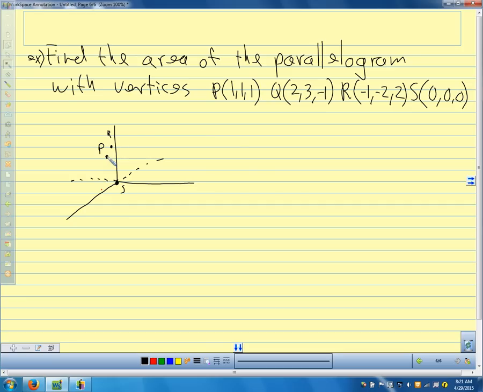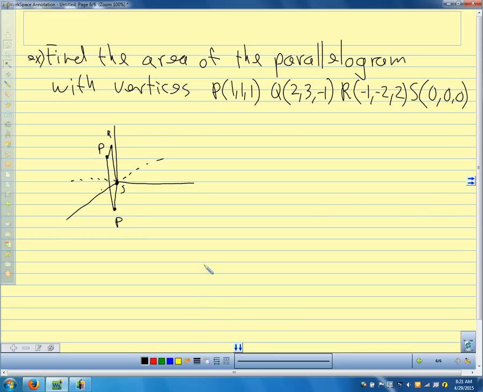And then, where's the next one? 2, 3, -1. So I'm going to 2, 3, and -1. So here's my parallelogram. That's how I did it, just to visualize the sides.